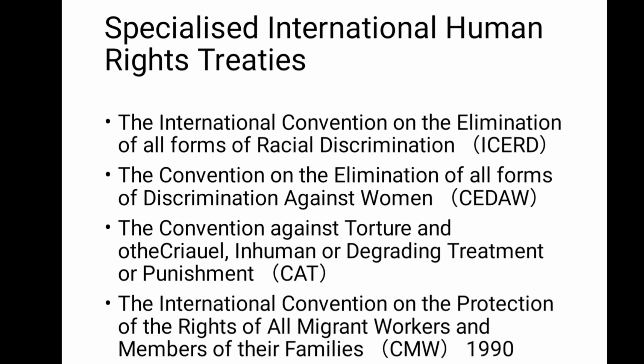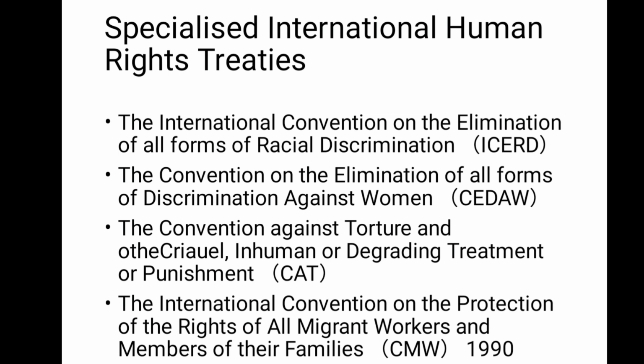So most of the provisions require the host country to take measures to protect the rights of the migrant worker and his own family. Okay. However, some provisions require the country of origin to take measures to protect the migrant worker and his or her family.